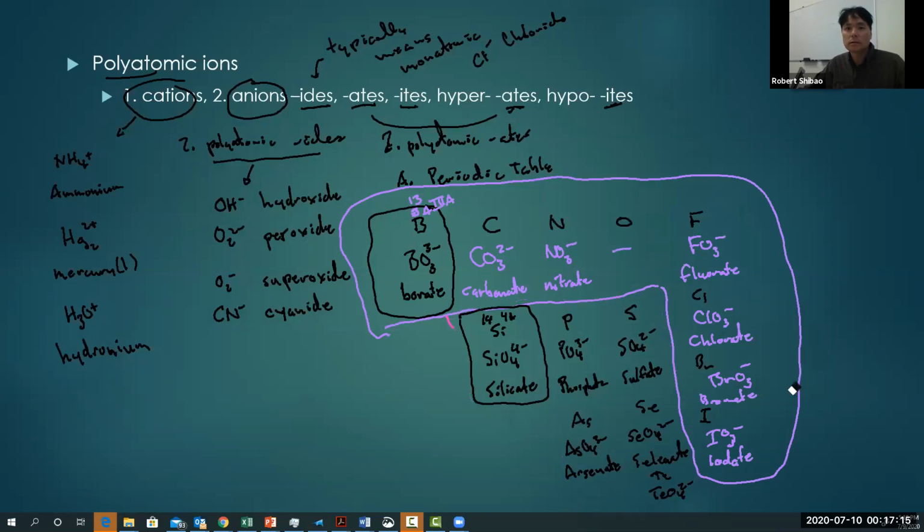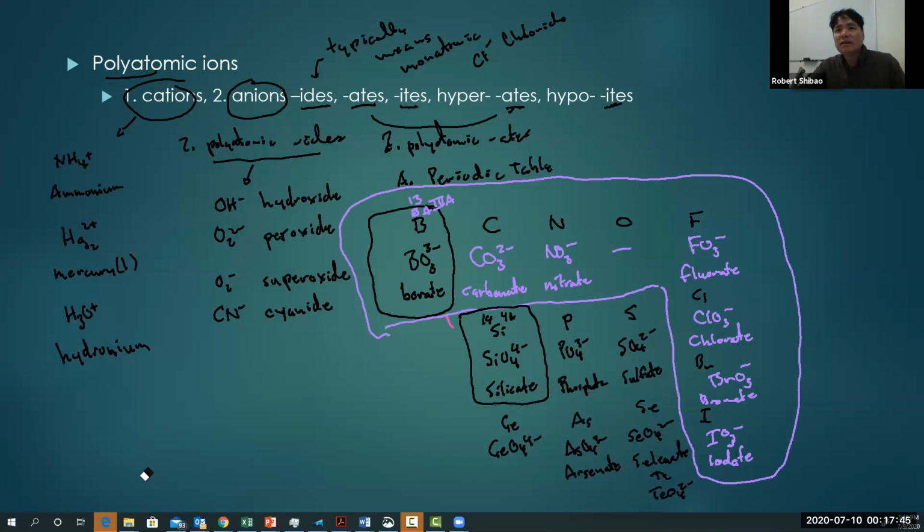Let me do this really quick. So below silicon is germanium, Ge, and we have germanate, GeO4 4-. Germanate. Actually, I don't want to box that. We just need to memorize one. We can figure out the pattern from there. Okay.